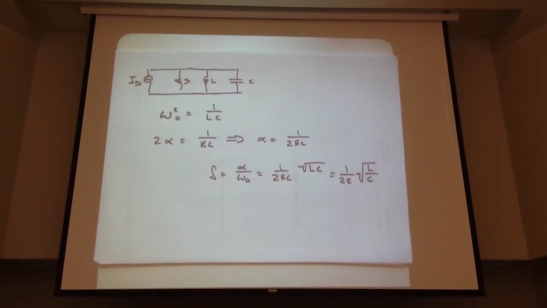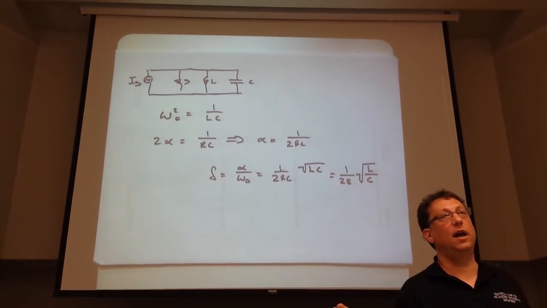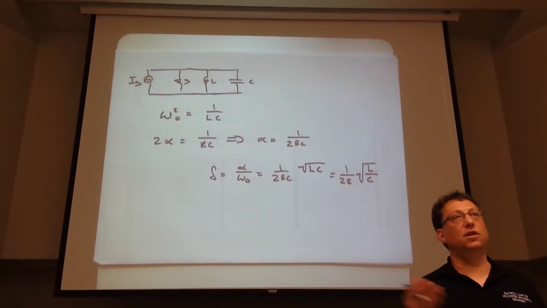Less current, which means it takes longer to charge, right? So if we have an RC circuit, we increase the resistance, it takes longer for the capacitor to charge. Well, if we throw an inductor in there, we get an RLC series circuit. If the resistance is high, do we think it's going to take a long time for things to change?